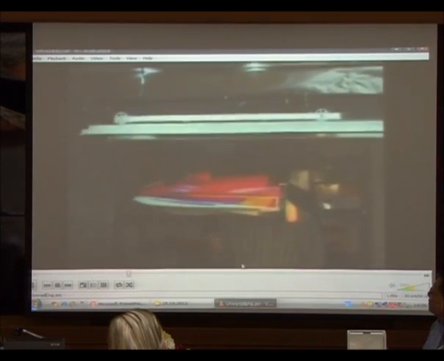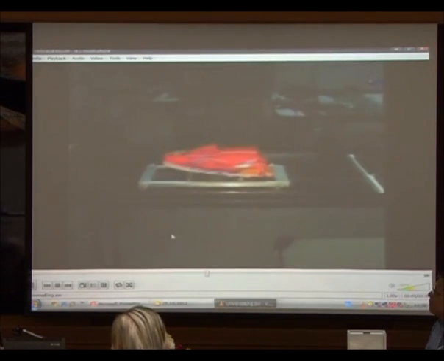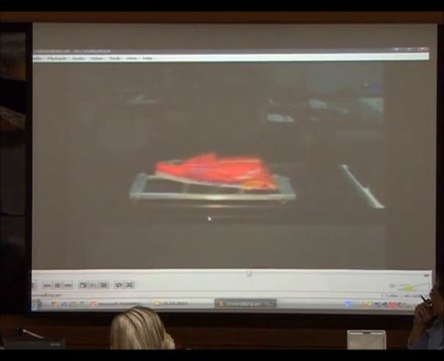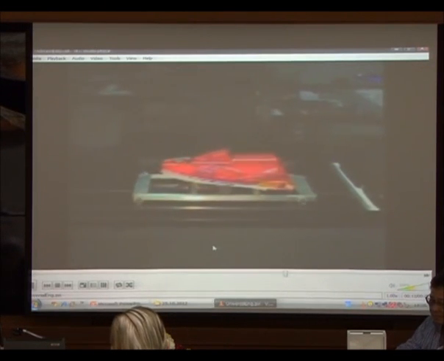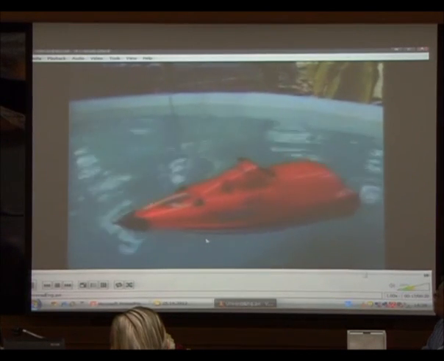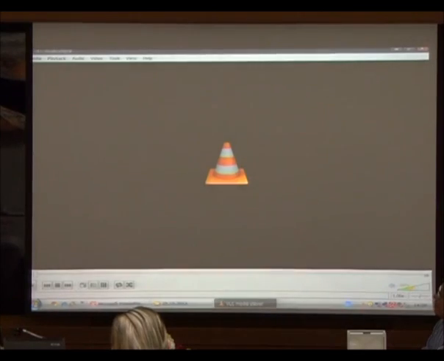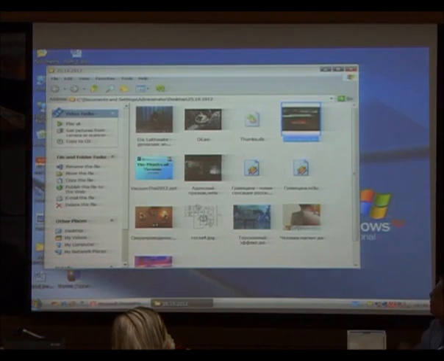It's suspended, no connection with the support. In this case, we put the boat on the car, the wheels are free, and now the boat is on the water. No propeller, on the water.